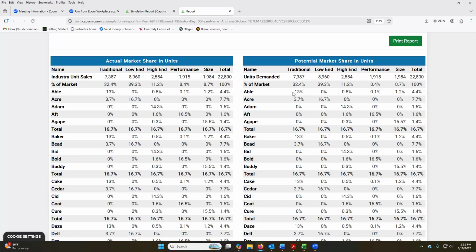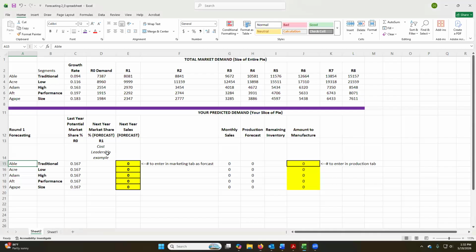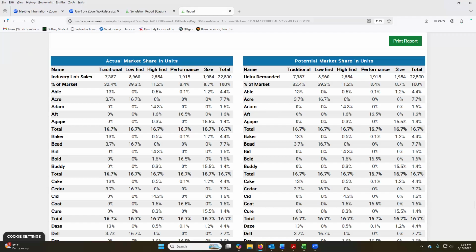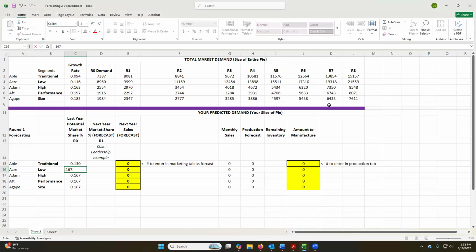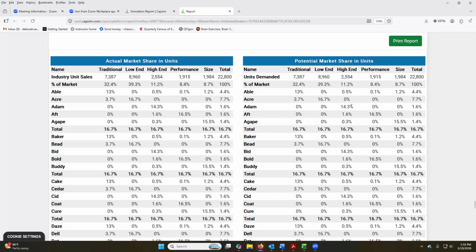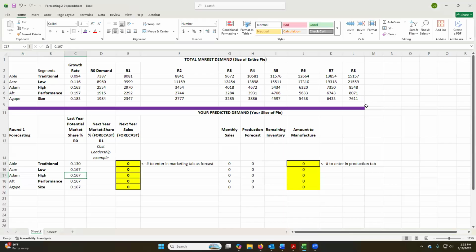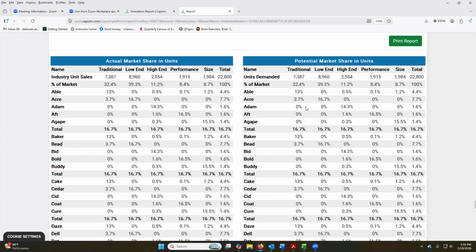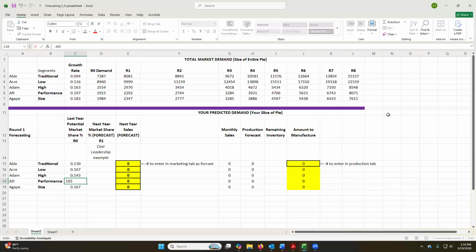So Able had a 13% market share. Acre had a 16.7% market share. Atom had a 14.3% market share. Aft had a 16.5% market share.